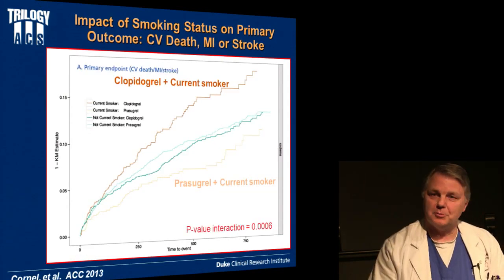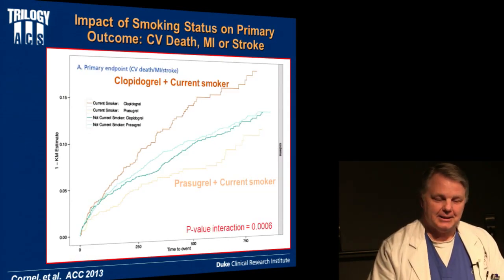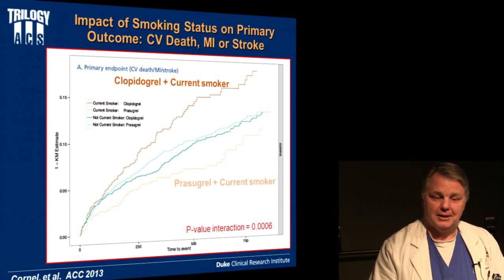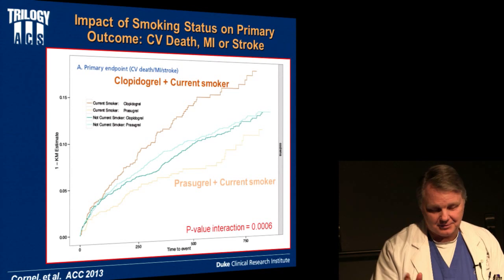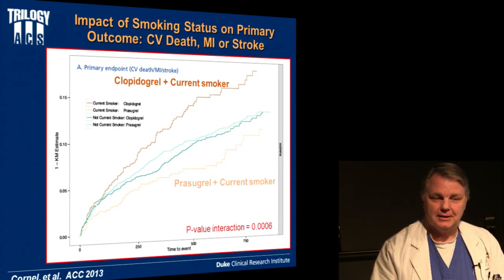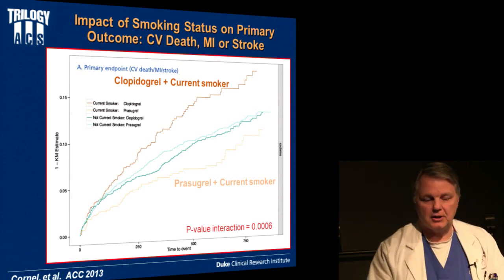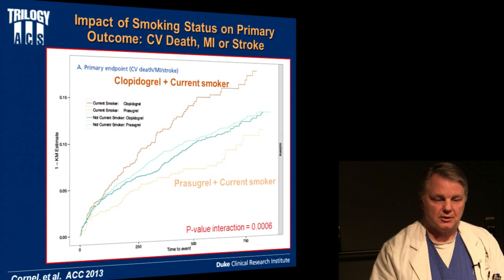And here is probably the most striking finding, with smokers. If you're a smoker and you're on clopidogrel, at least within the context of this trial, you have a very high event rate for death, MI and stroke. Very, very different if you were randomized to prasugrel. You can see the p-value for interaction.